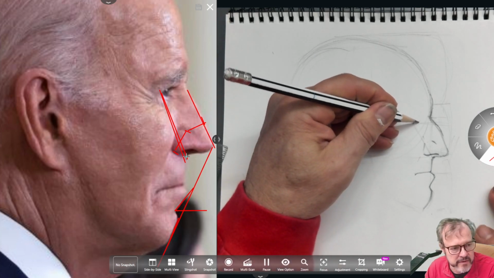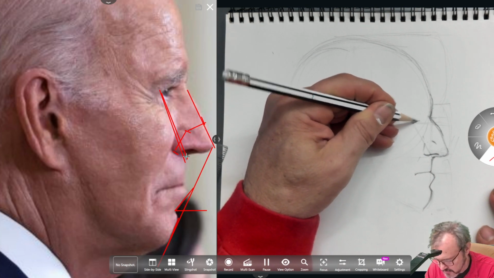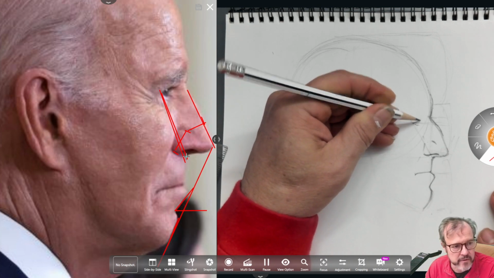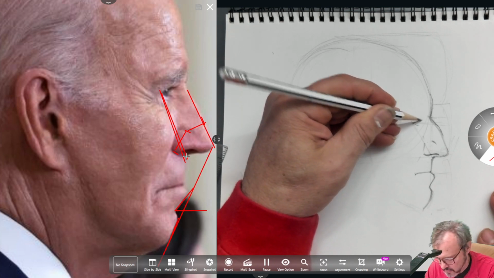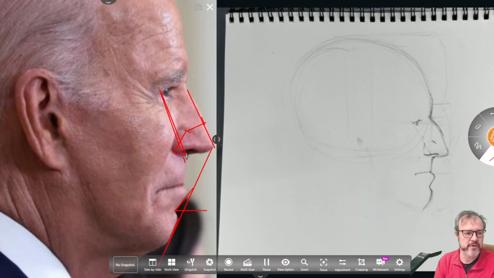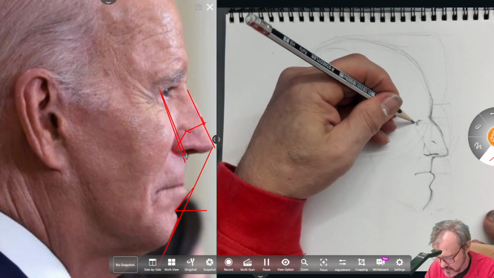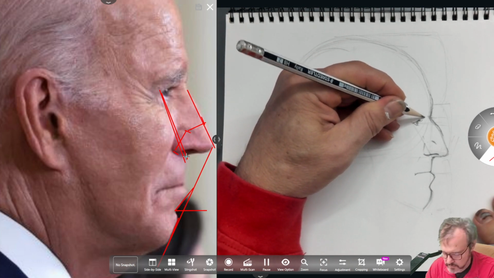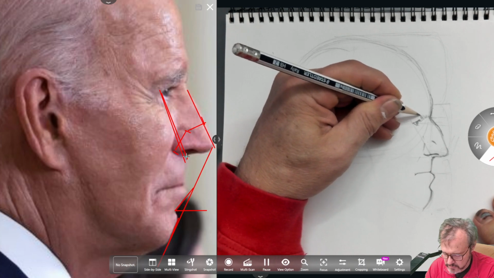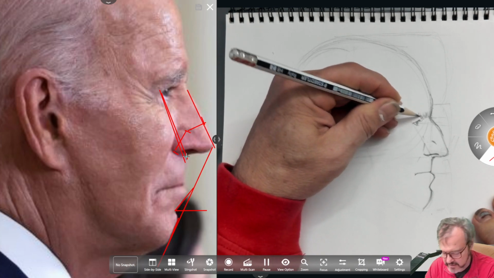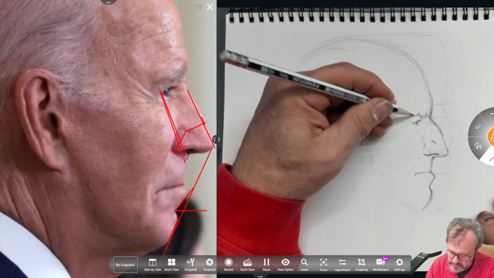And then notice that this eye really doesn't fill much of this space. It's really small compared to his nose. And also notice there's no visible eyelid, and his eyebrow is kind of hanging down near his eye.